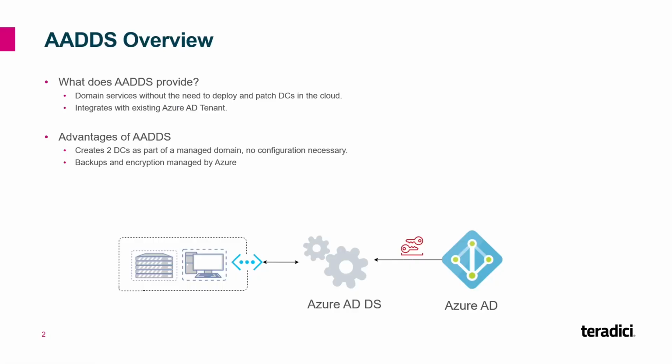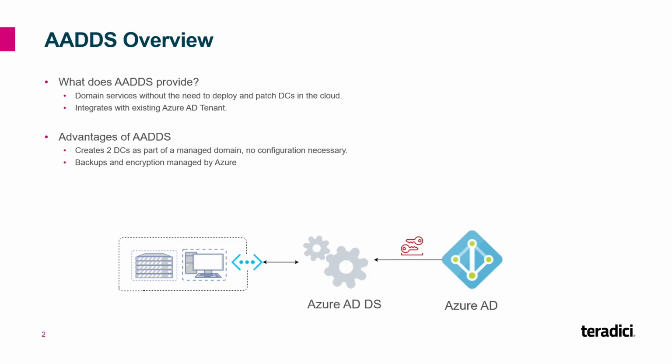So here I'll just give a brief background overview on Azure Active Directory Domain Services, which I'll just abbreviate as AADDS from here on out. The AADDS is a Microsoft offering that provides fully managed domain services and features such as domain join, group policy, LDAP protocol that you would expect out of a traditional domain controller on site.